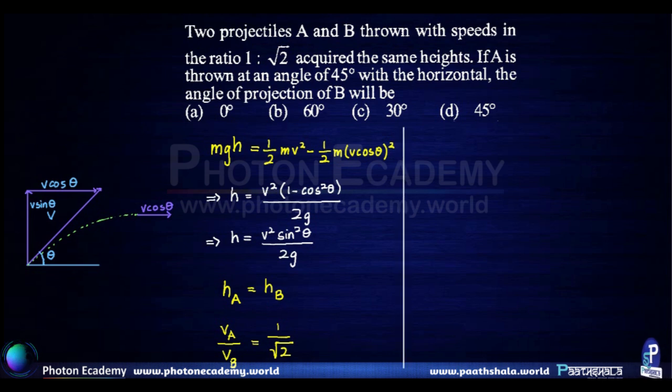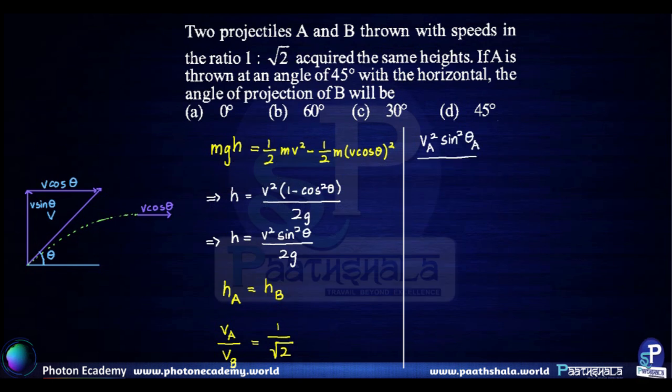So using the expression h is equal to v square sin square theta by 2g, we can say that VA square sin square theta A divided by 2g is equal to VB square sin square theta B by 2g.